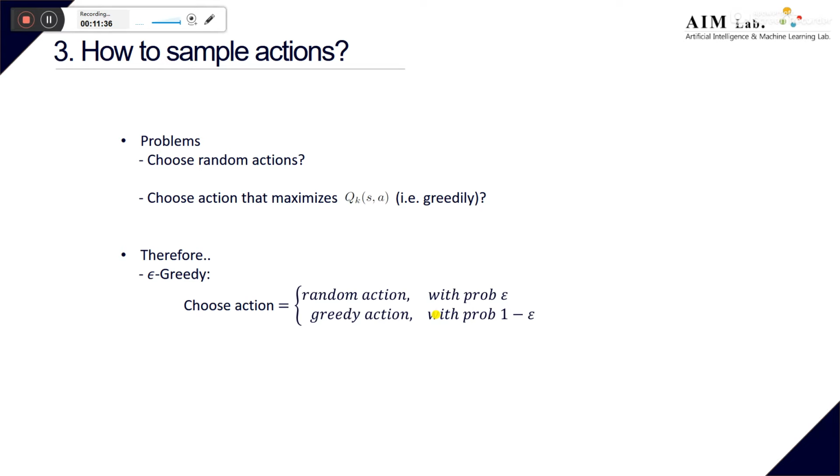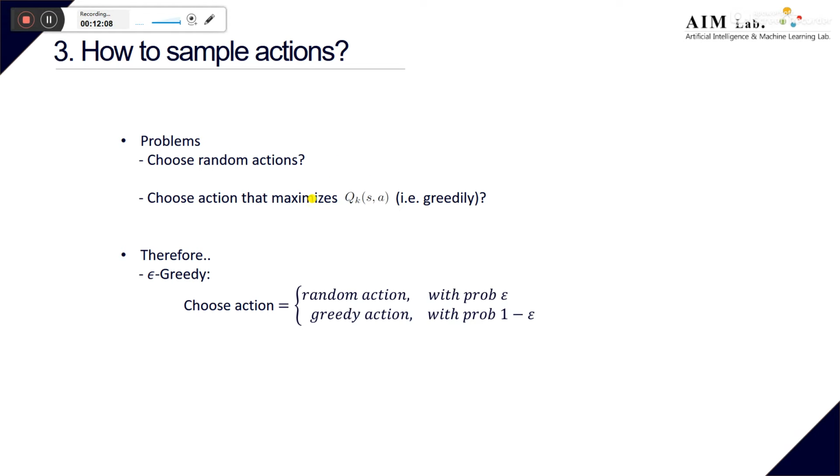The first one is random action, and the second one is greedy action, which chooses the action that maximizes the current Q. If we only explore, meaning only random actions, we cannot train the RL agents.